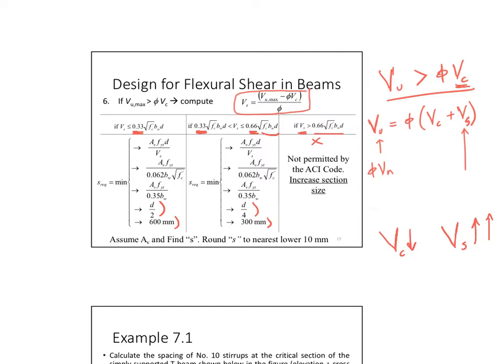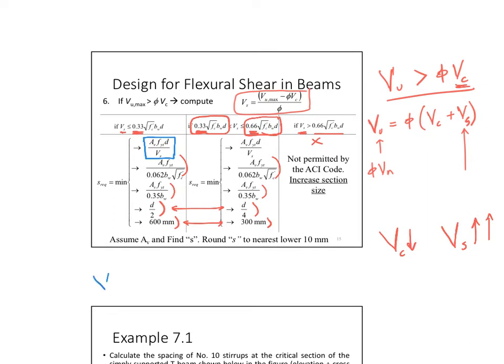So get the Vs that you got and compare it to these two numbers, 0.33 and 0.66 square root of f'c bw d. Those four criteria are the same as the previous slide, 1, 2, 3, 4, except that the difference is d/2, 600, d/4, 300. But the very first one we're looking at here is actually the calculated Vs value.